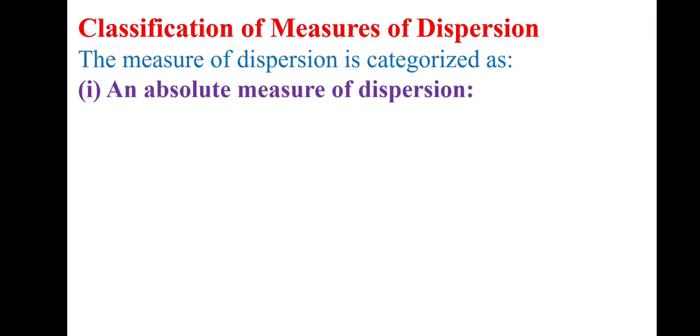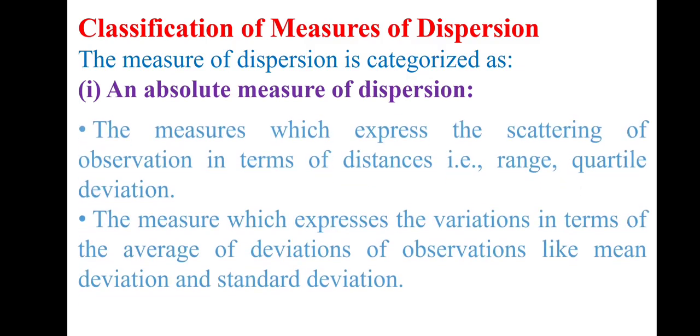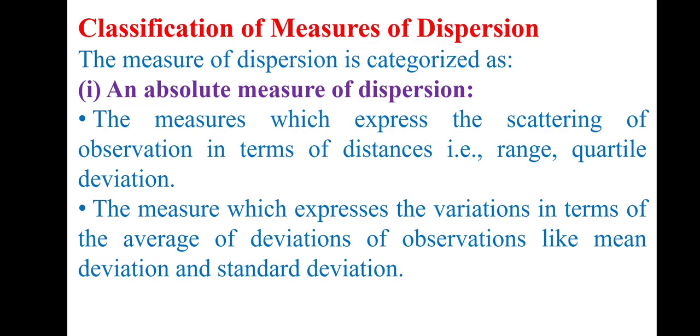Classification of measures of dispersion. What are the different types? It will be categorized into two types. One is absolute, another one is relative. First, absolute measures of dispersion. These are measures which express the scattering of observations in terms of distances. Range and quartile deviation come here.